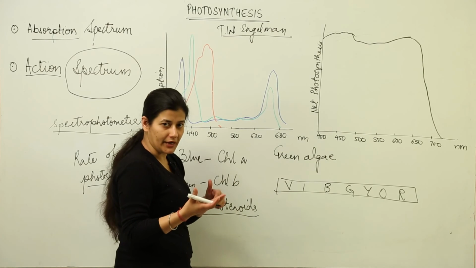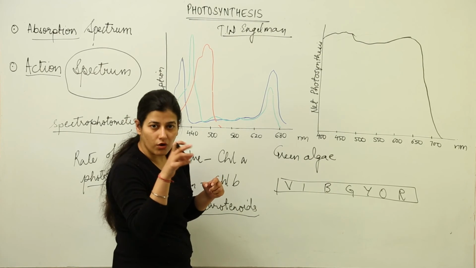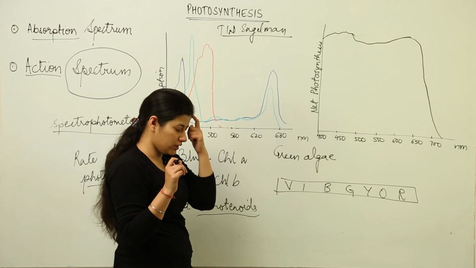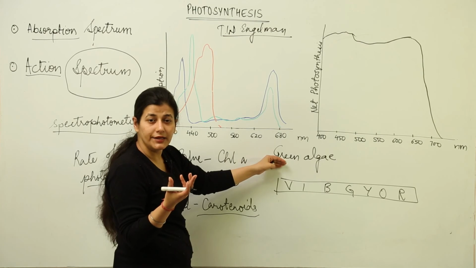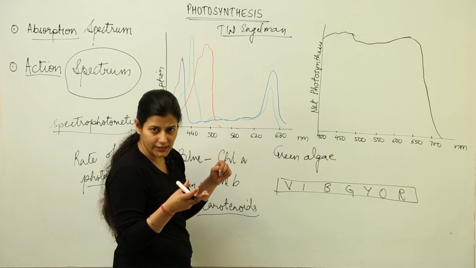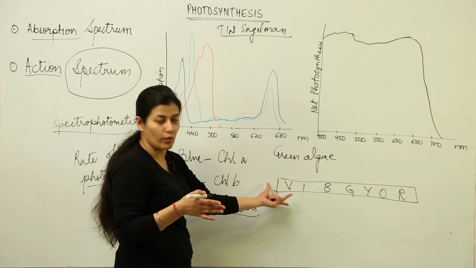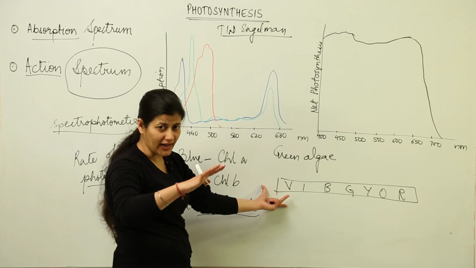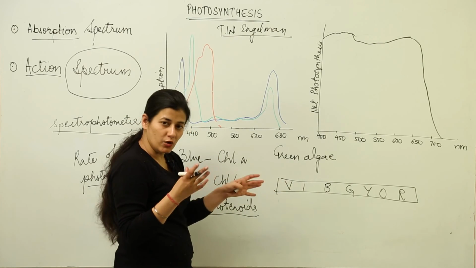Now, he also used certain bacteria which feed on oxygen. So he took a culture in which he put a green alga, and inside it he put some aerobic bacteria, and then he illuminated that culture with white light that was scattered in the form of a spectrum.